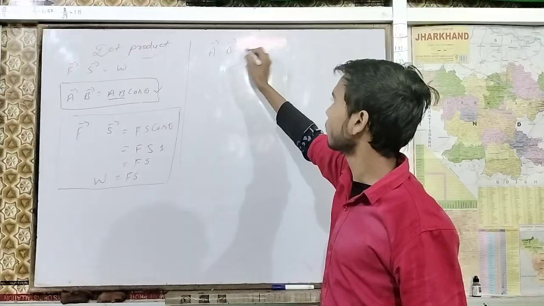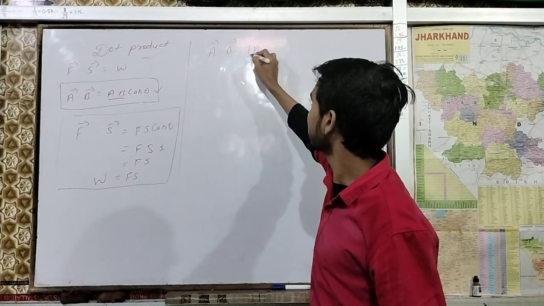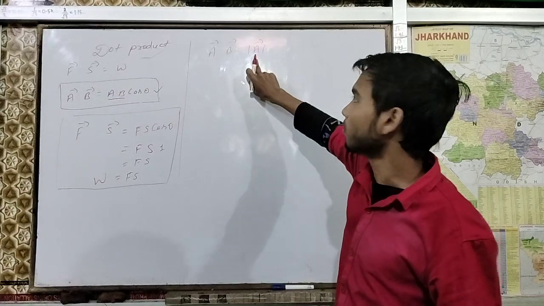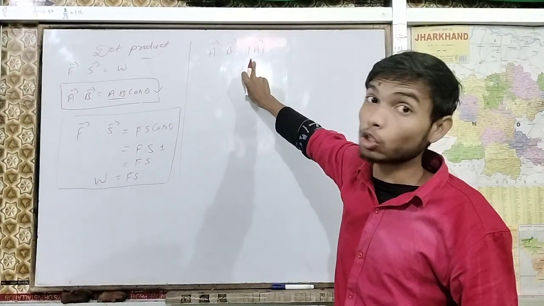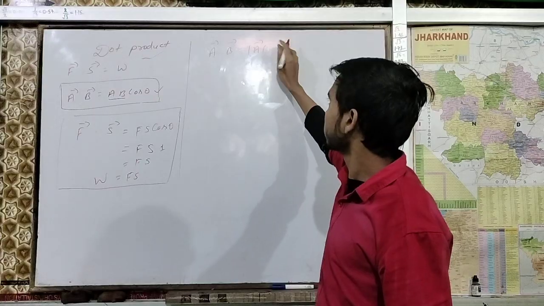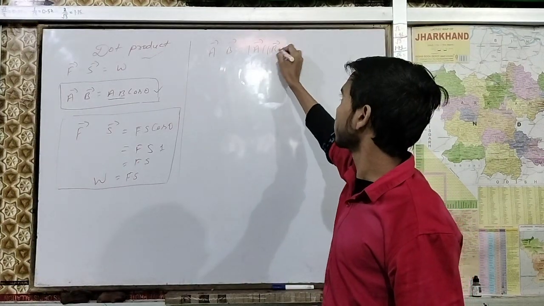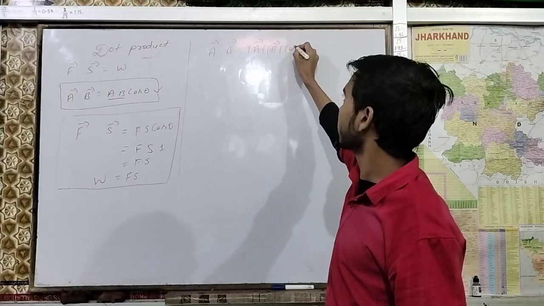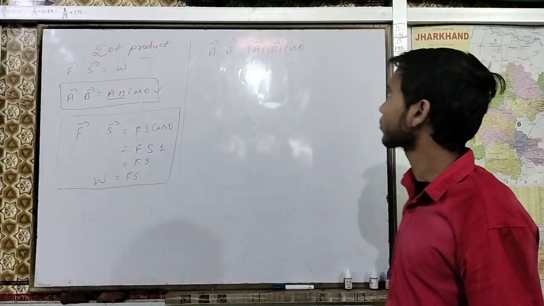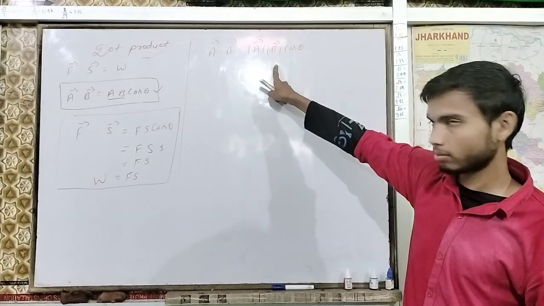Then we want the magnitude, so we convert it into magnitude by using the mod. Same with this vector. Then we have cos theta. Clear? Here we are saying that this is equal to this.